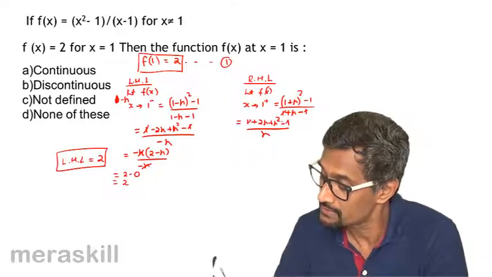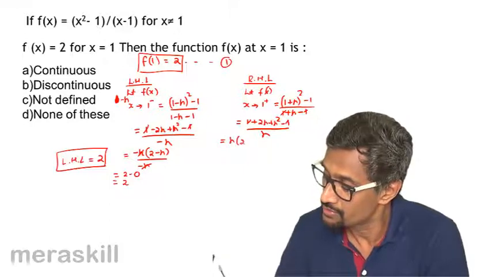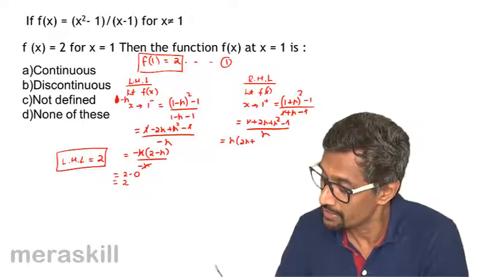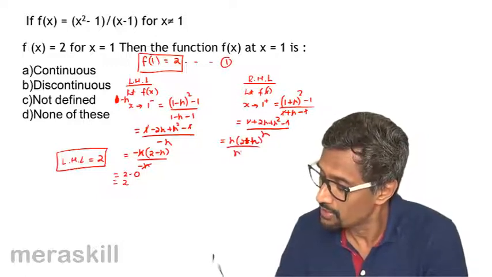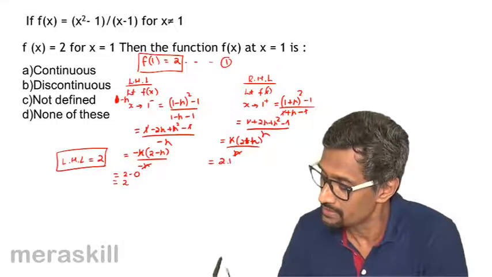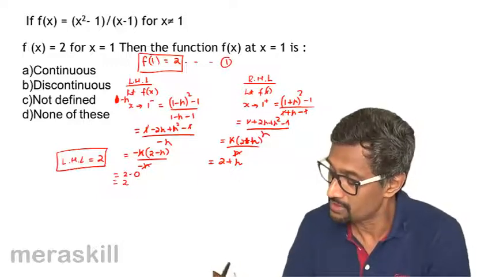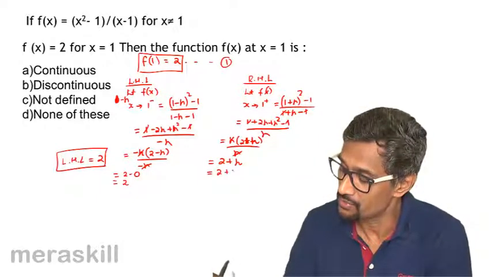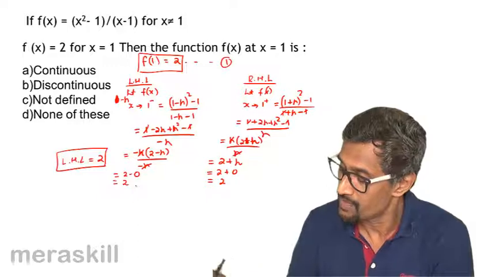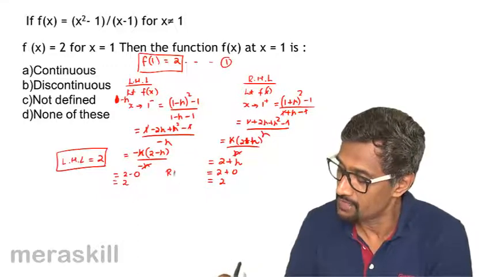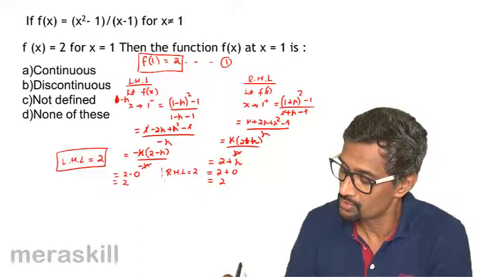This gets cancelled. So you get h into (2 plus h) upon h. This gets cancelled. So ultimately it's 2 plus h. So the limit is obtained by taking h as 0, 2 plus 0, which is 2. So the right hand limit also turns out to be 2.